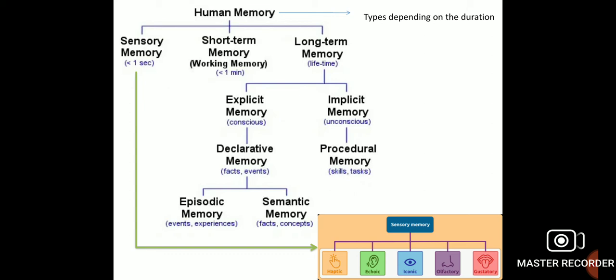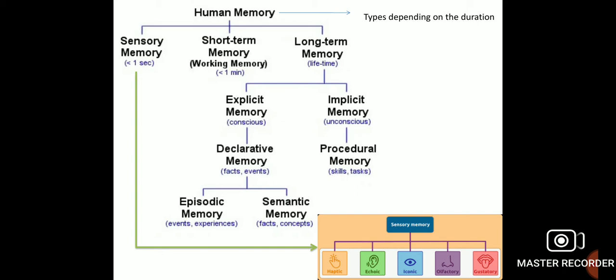Declarative memory is also divided into two types: episodic memory and semantic memory. Episodic memory is all about experiences and past events, but semantic memory is about facts and concepts.